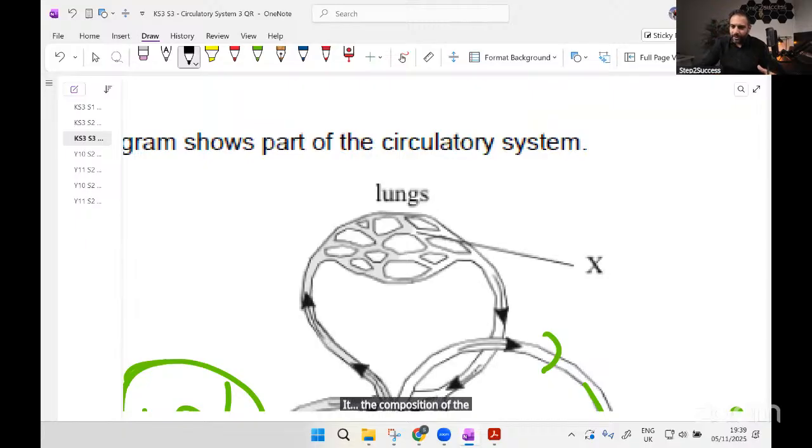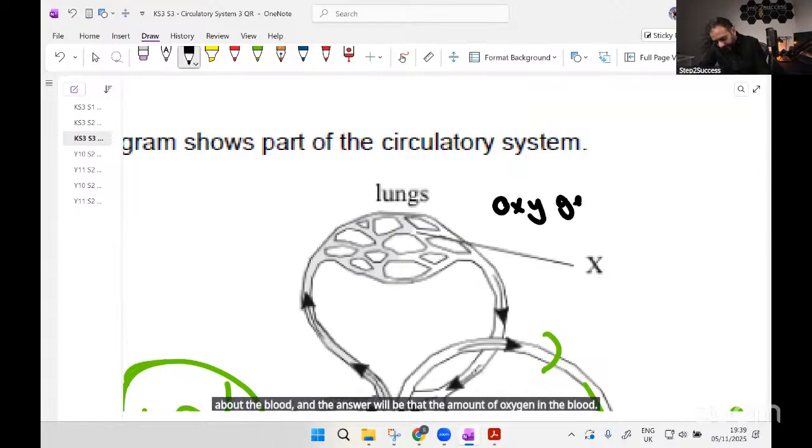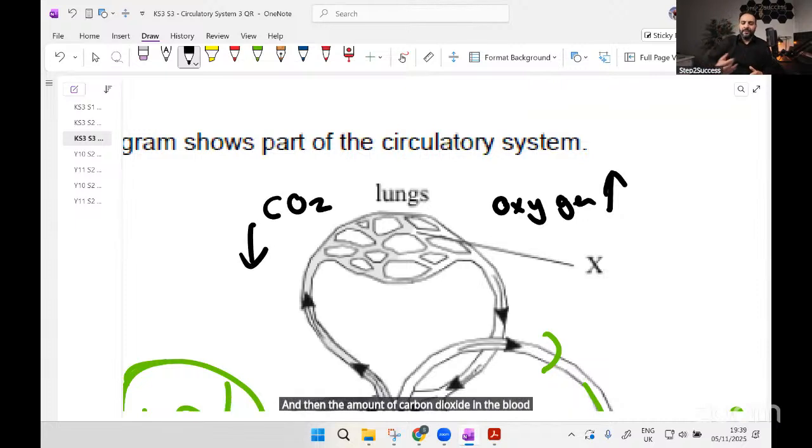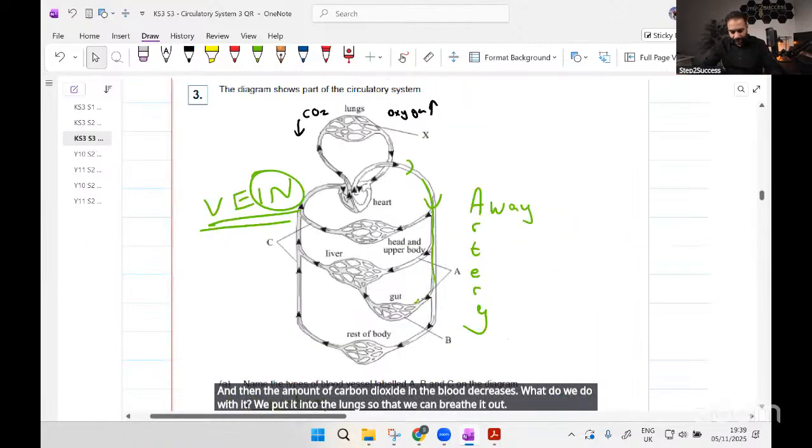The answer is that the amount of oxygen in the blood increases because we just breathed in oxygen and put it into the blood. And then the amount of carbon dioxide in the blood decreases. What do we do with it? We put it into the lungs so that we can breathe it out. And that would be that.